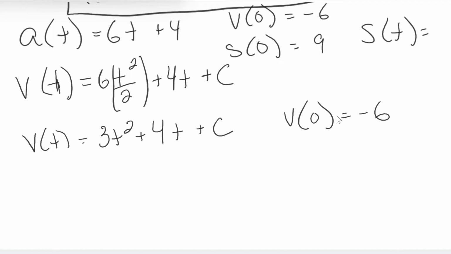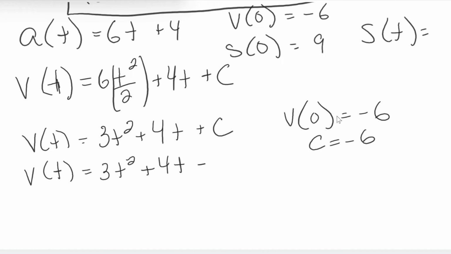So I can now, in essence, find my c, because everything else is going to disappear except for c, right? 3 times 0 squared is 0. Plus 4 times 0 is 0. So the only thing left is c. So this basically means that c is negative 6. So my velocity is 3t squared plus 4t minus 6.